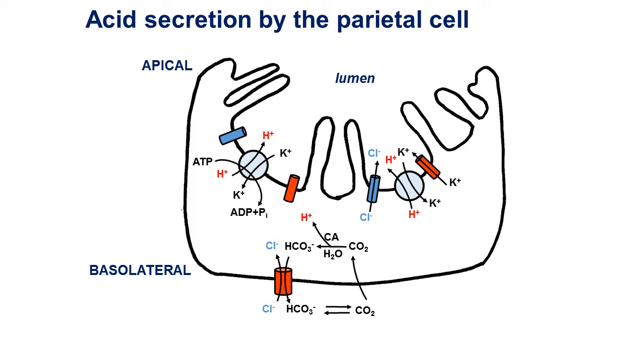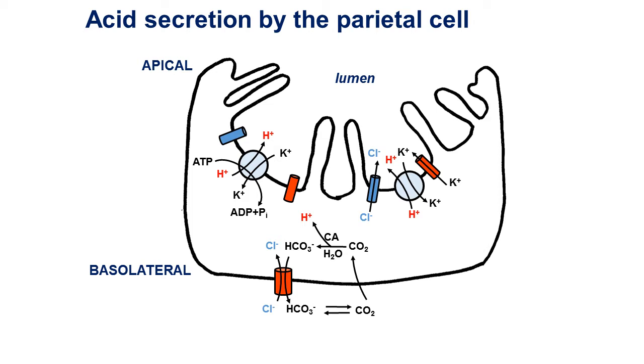Now it should be noted that these transmembrane transport proteins are all integral membrane proteins, and also that these transport proteins are not just important for secretion of hydrochloric acid by the parietal cell. These proteins are found on many different types of cells.